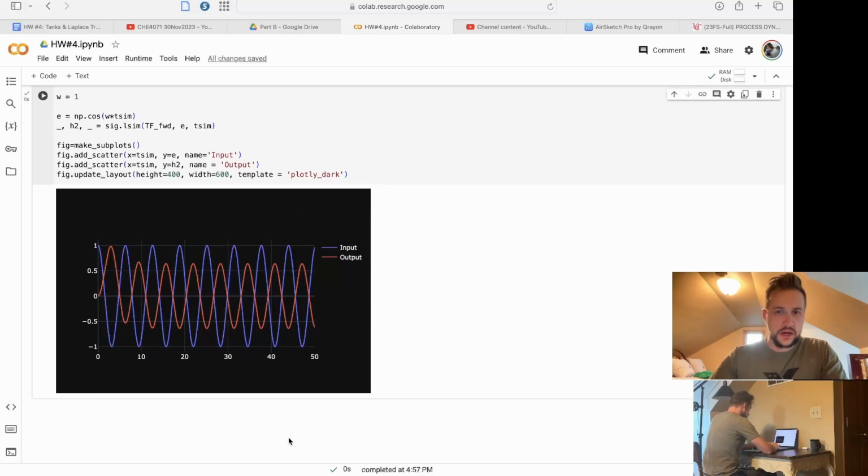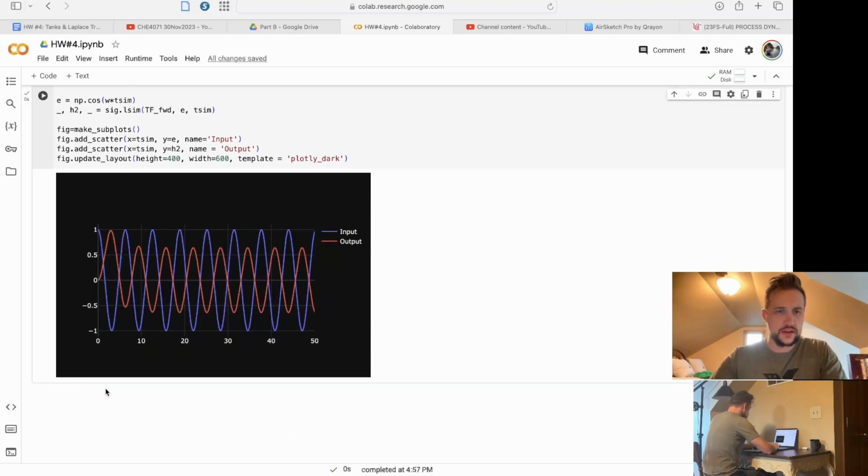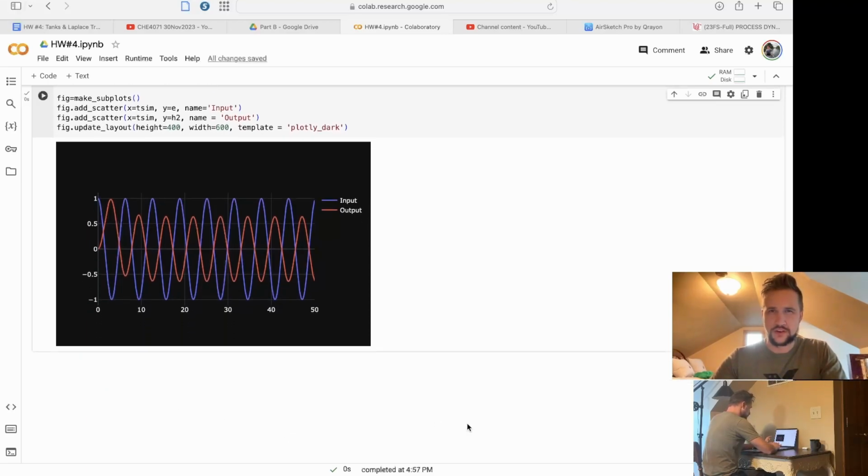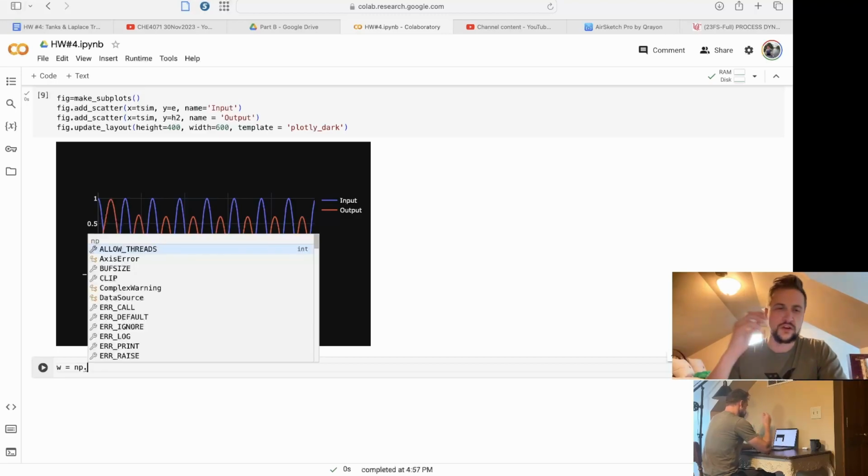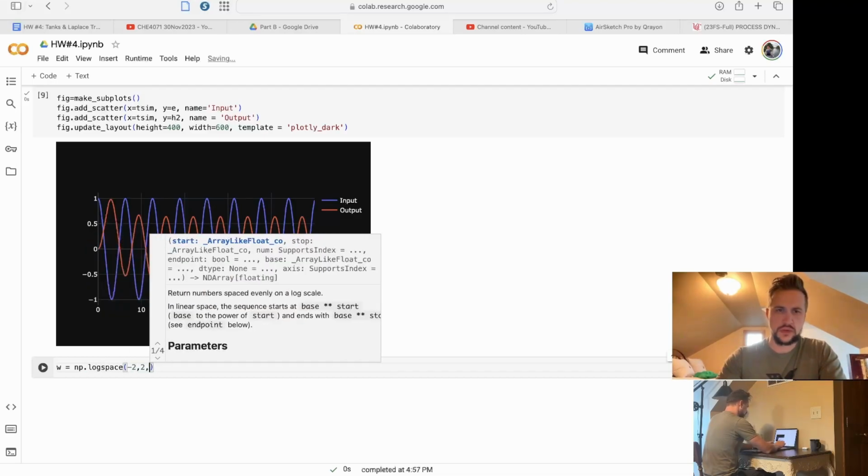So let's go ahead and plot this out first, and then we're going to walk through each of the particular things as we go here. First we're going to bring in our frequency, and instead of it just being one particular thing, we're going to analyze it in log space just for clarity on the graphs.